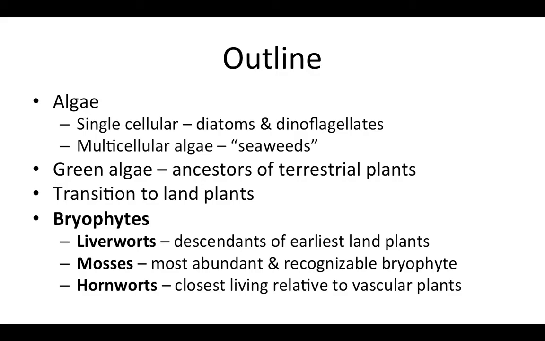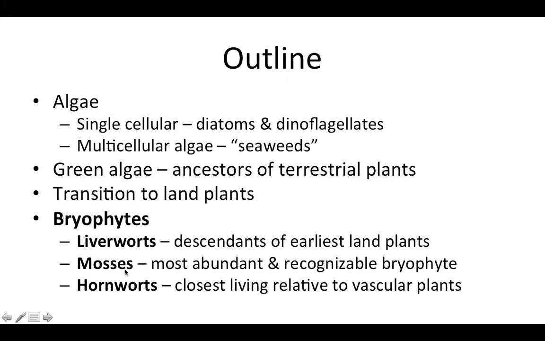We'll say that green algae are the ancestors of terrestrial plants, and then we will talk about some of the changes necessary when some algae transitioned to becoming land plants. Then we will talk about three groups of bryophytes. These are the liverworts, and the liverworts are the descendants of the earliest land plants.